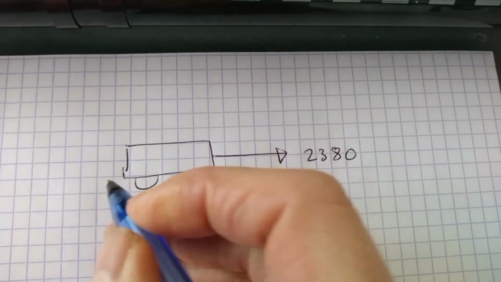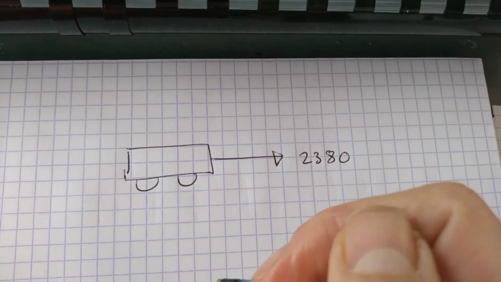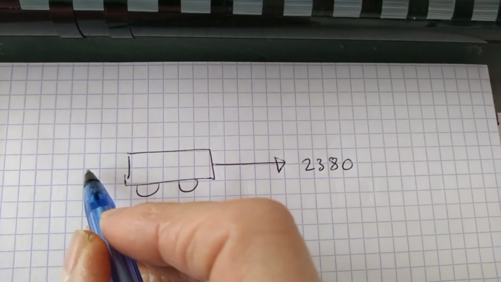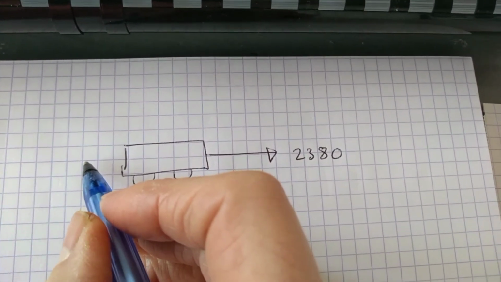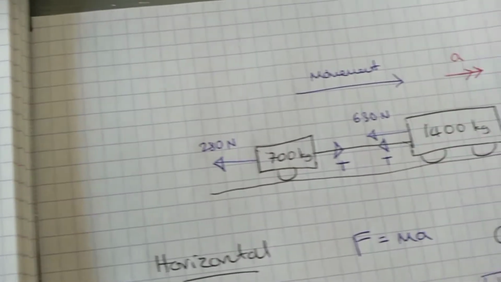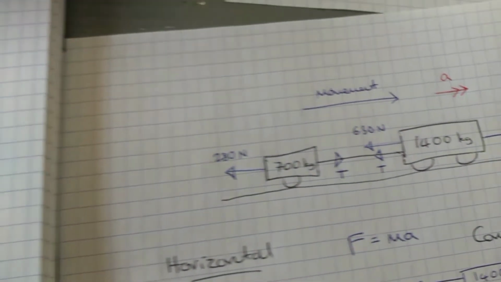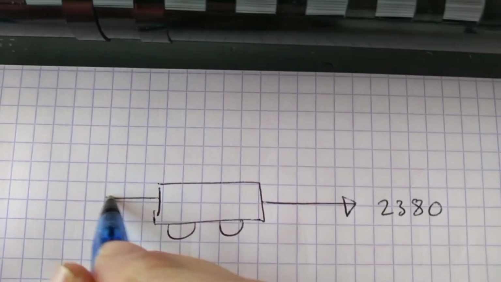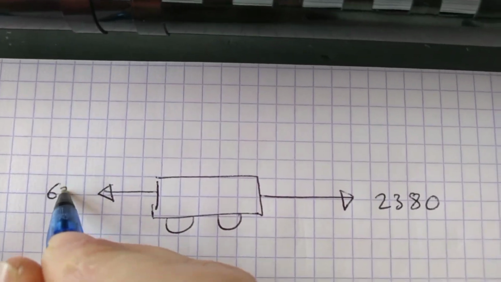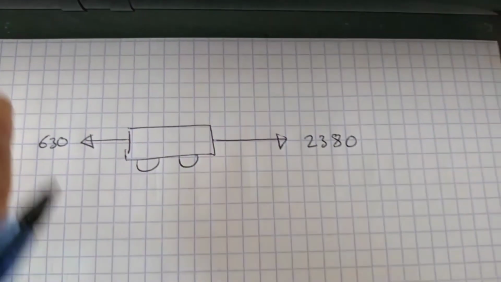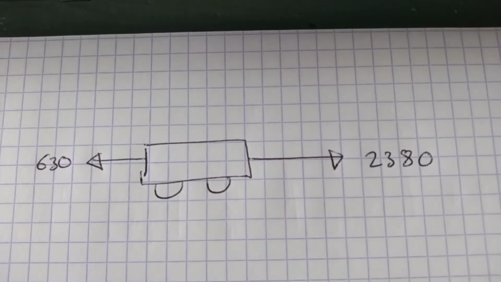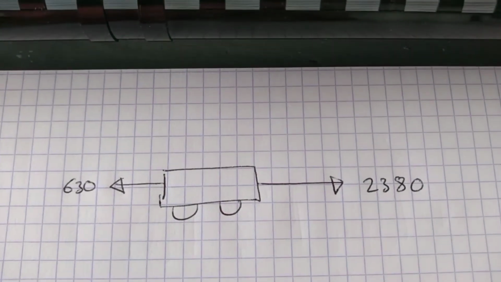So there's no tow rope anymore on this end. All we have is the original resistance that the car has, which is 630 newtons. So that's still there. If something changes, good idea to draw a new diagram. We've now got this scenario of this car pootling along.